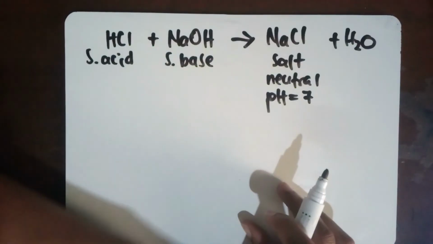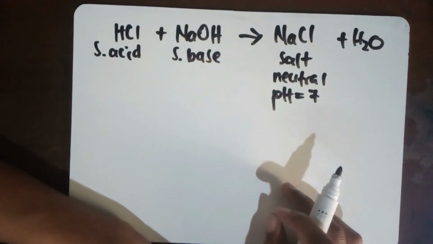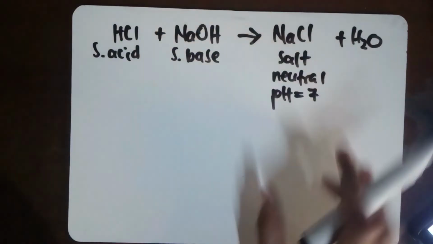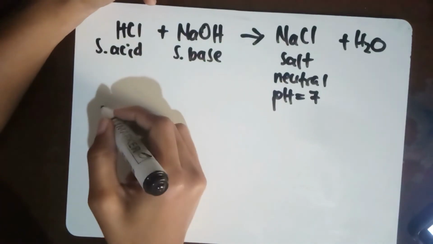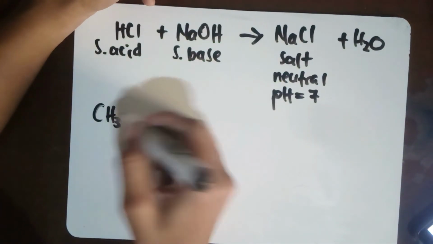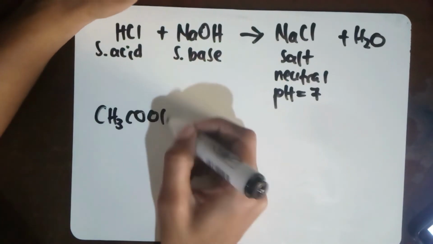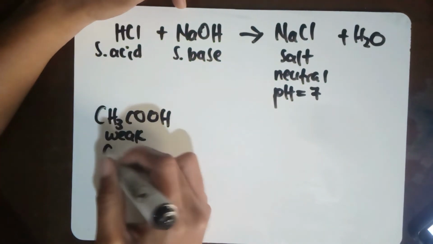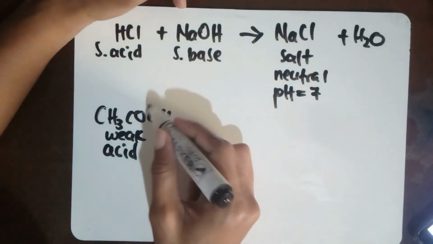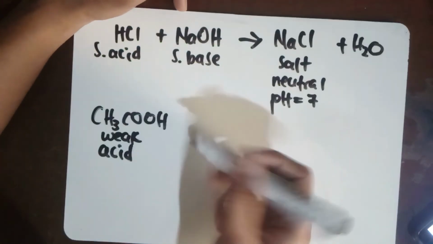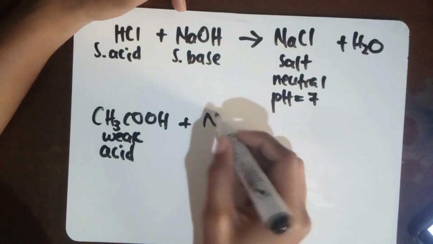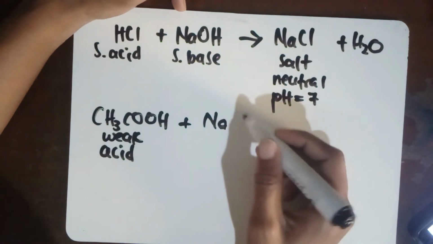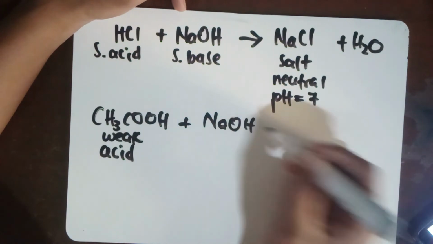But if, for instance, we had a reaction with acetic acid, which is a very weak acid, so don't be confused by this OH and think acetic acid is a base, no. And we react it with a strong base, let us take sodium hydroxide again.